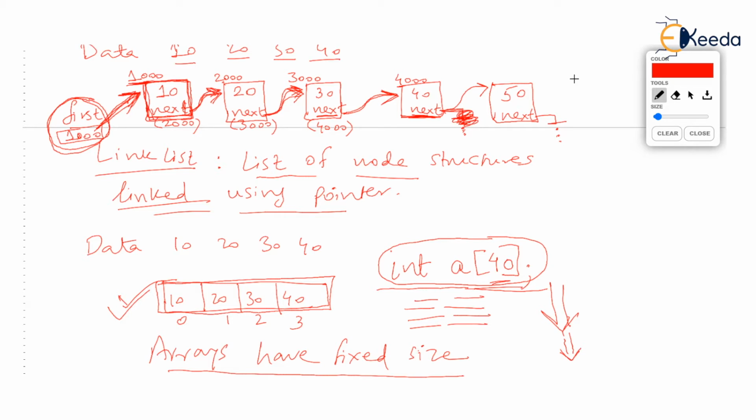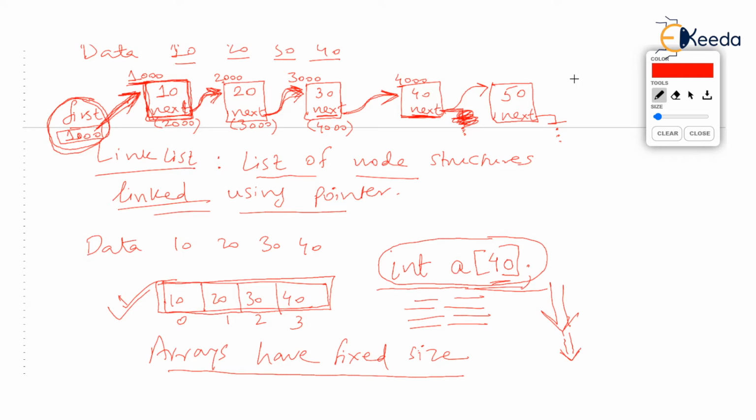The only limitation to a linked list is if the memory becomes full, then you cannot allocate a new node using malloc. Malloc also will fail. Malloc will say, I can't allocate memory for a new node because memory is full. But that's very far from reality. At least I have not seen that memory becomes full. But who knows? Once in a thousand cases it can be, then a linked list also will fail, saying insufficient memory.